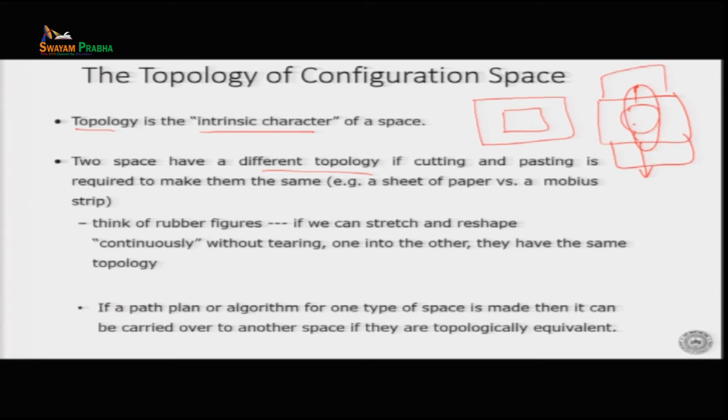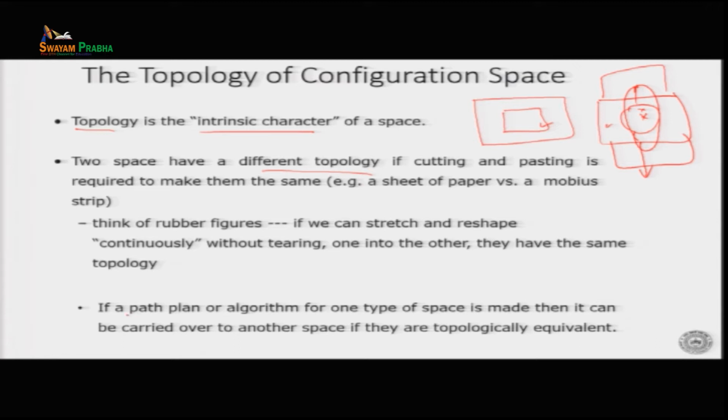But it does not change in the sense that points which are inside the ellipse will still remain inside; they cannot come outside. You can bend it and twist it and do all kinds of things, but points which are inside will still remain inside, they won't come out. So in that sense, this space and this space are the same. A square and a circle in that sense are the same in terms of topology.